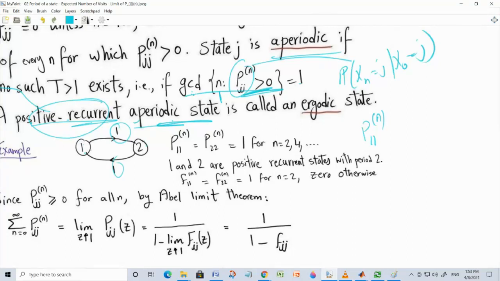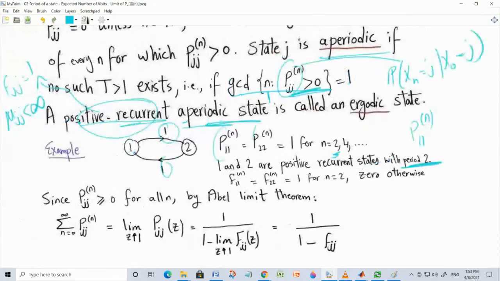If you start in state 1 at time instant 0, then at time instant 1 you are sure that you are not in state 1, because with probability 1 you will make a transition to state 2. Then you are sure at time instant 2 that you will be back in state 1, and so on. So both states are periodic with a period that is equal to 2.